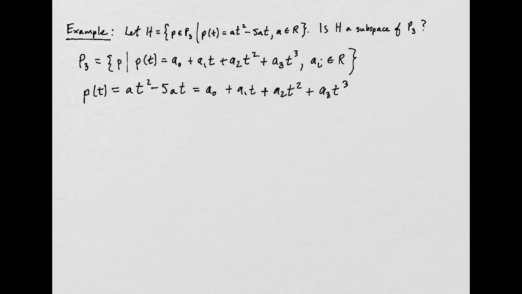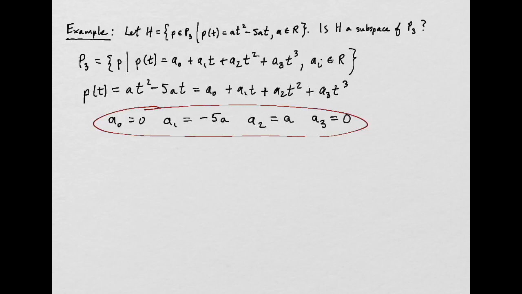So if we simply let a0 equal 0, a1 equal minus 5a, a2 equal a, and a3 equal 0, then if we plug these values for the coefficients a0 through a3 into this polynomial, we will get this expression.